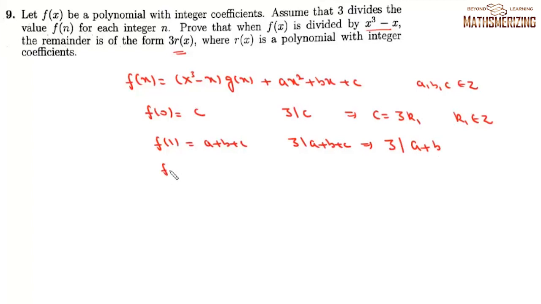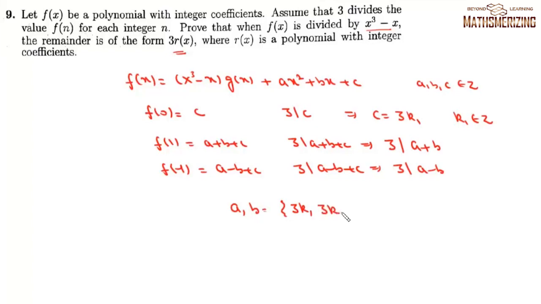In the same way, if we find f(minus 1), it will be a minus b plus c, and again 3 divides a minus b plus c, or we can say 3 divides a minus b. Now a and b can be of the form either 3k or 3k plus 1 or 3k plus 2.